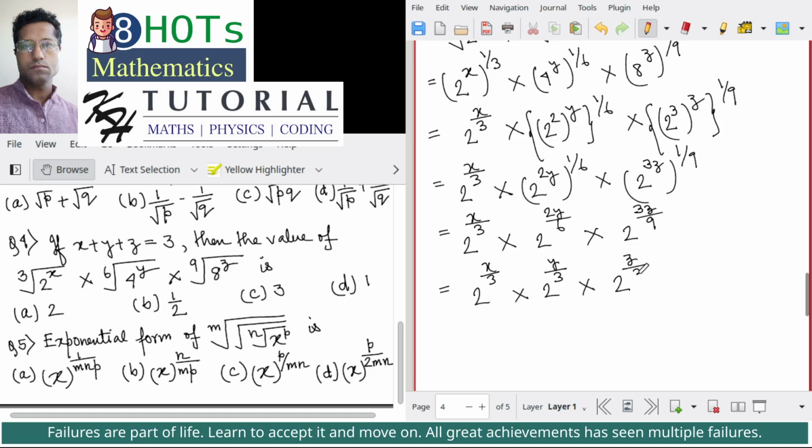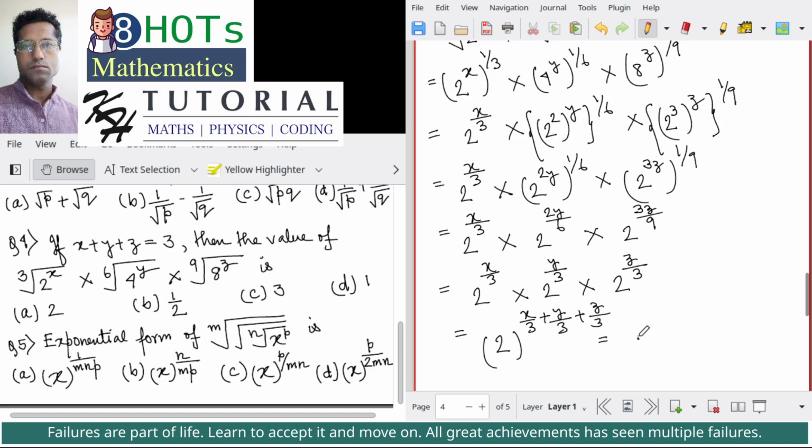So now we see three factors in exponential form where the base is 2. So we will merge them into a single exponential form by adding up the powers, and we have 2 to the power x by 3 plus y by 3 plus z by 3.